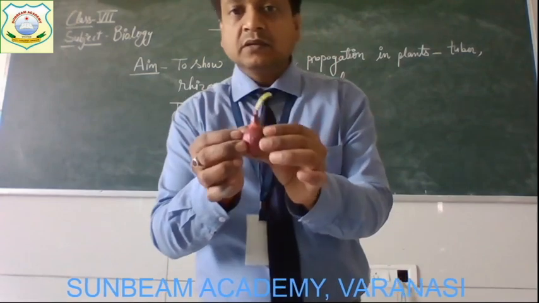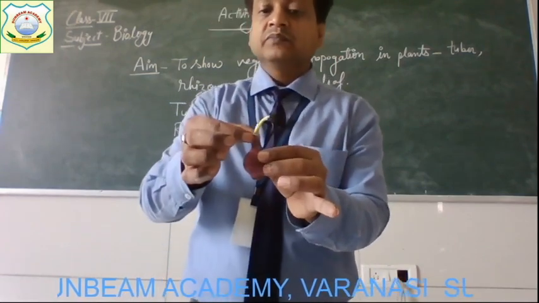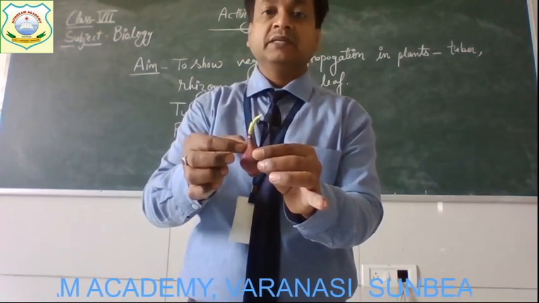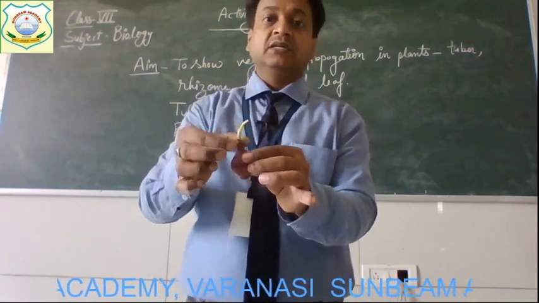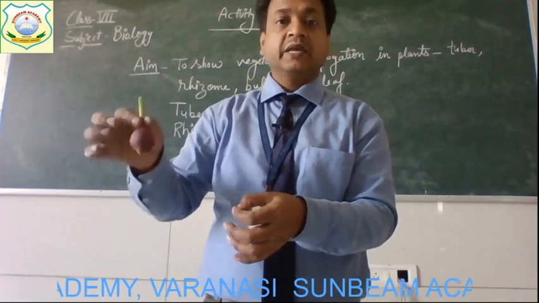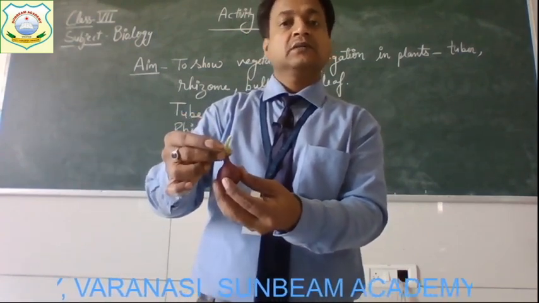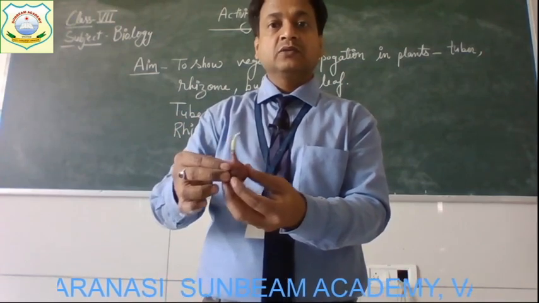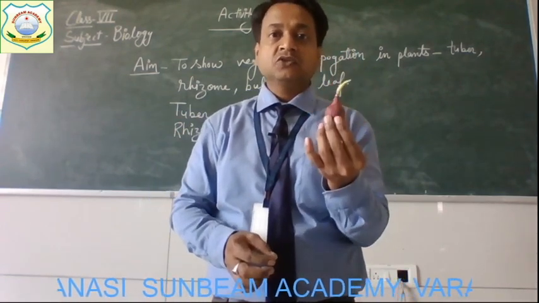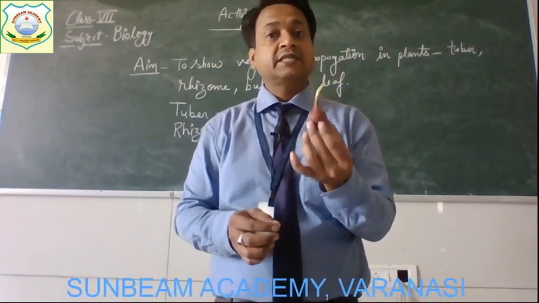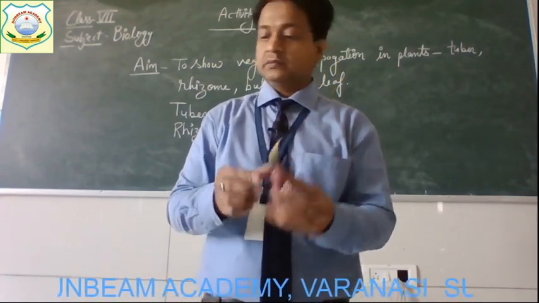You can observe very clearly the green part arriving from it. Actually it is a new plant. When this onion is kept in soil, the new plant grows from it. So this structure is known as a bulb, and the example is onion.